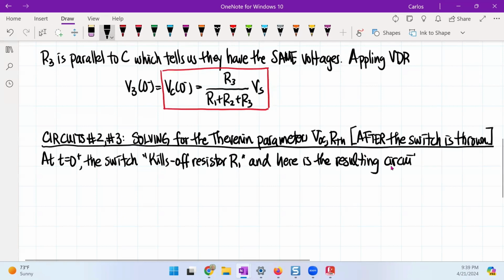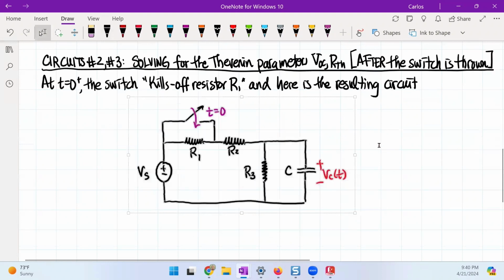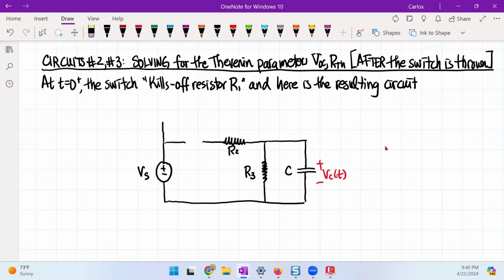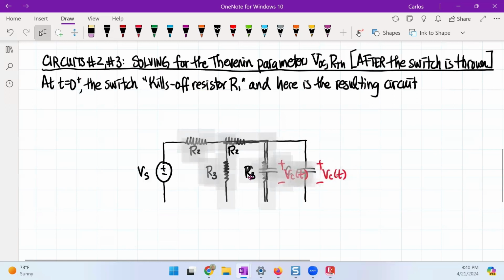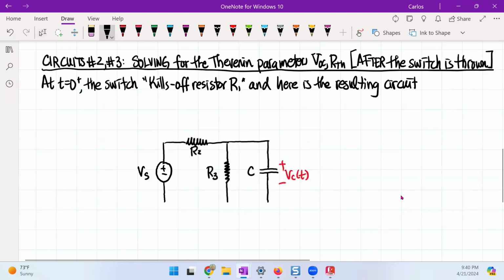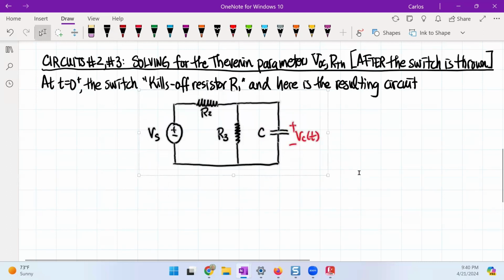I still have the image, so I'm going to use the image and modify it. When that switch is thrown, this resistor is just gone. So I'm going to move this over, and this is my resulting circuit. This is my circuit that has to be converted.